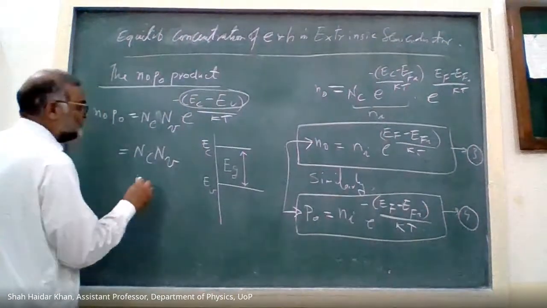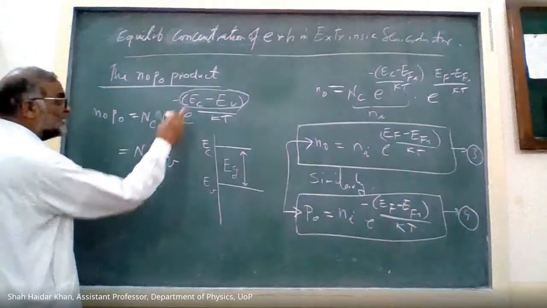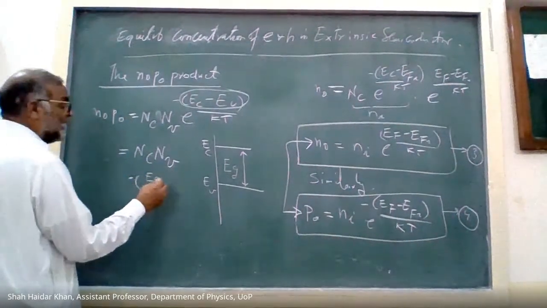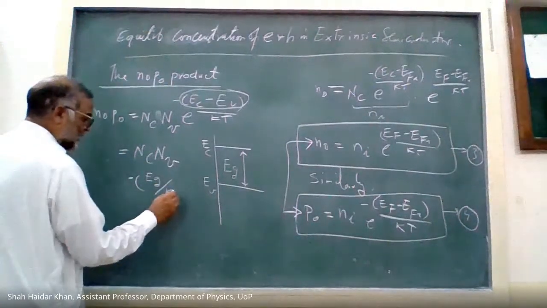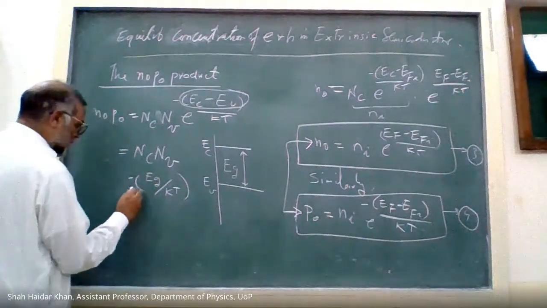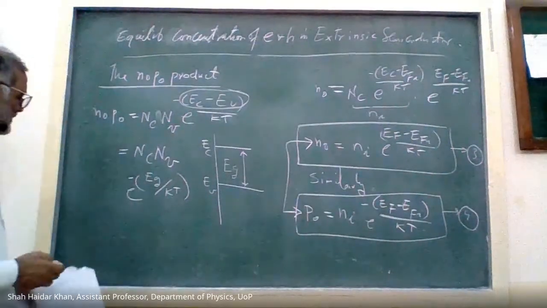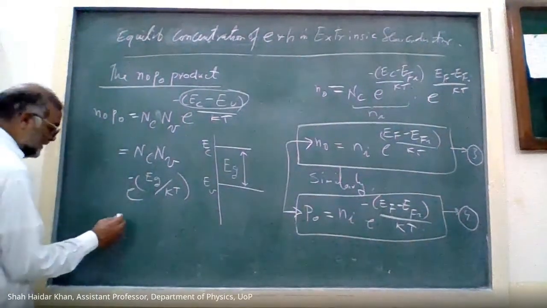That is the band gap EG. So that is this thing, and multiply with e to the power minus EG. This is the multiplication. Okay, let me write it again.